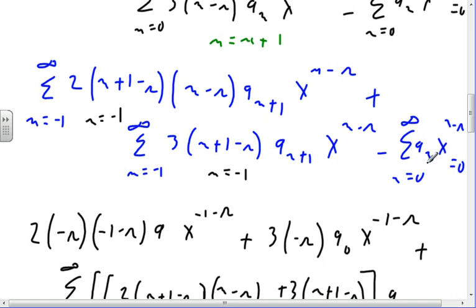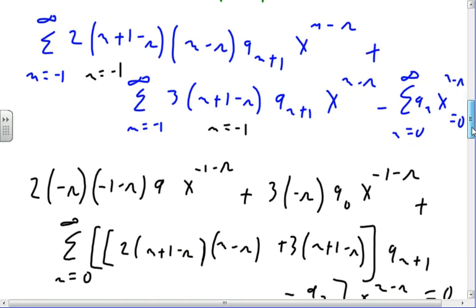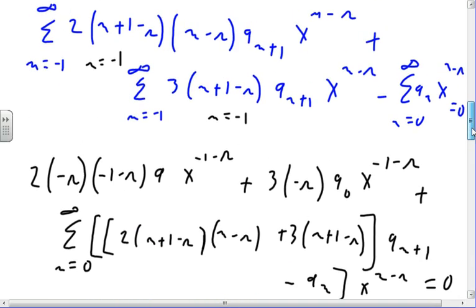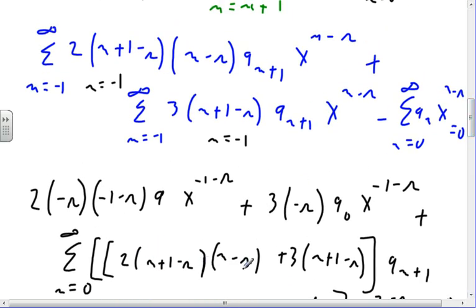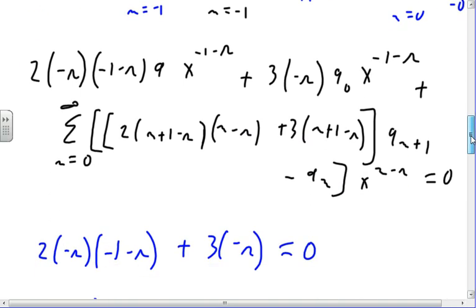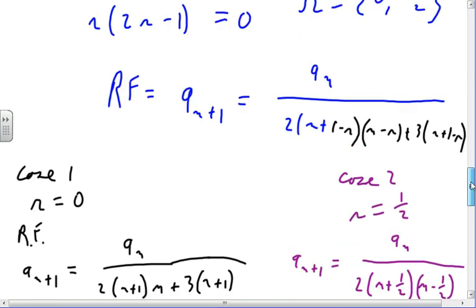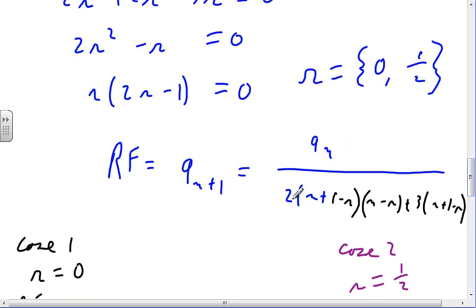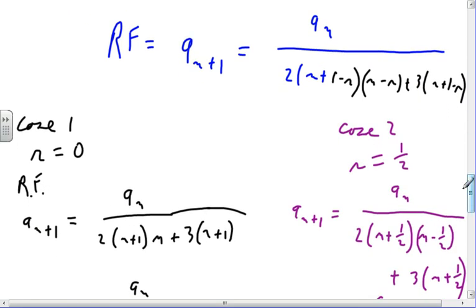This is going to go on the other side. It's going to be a_n. Okay, that's fine. I've got 2 those guys, I got 3 this guys, a_n plus 1. And when I write down the recurring formula, a_n, 2 this guy, 3 of that guy. And when I say r is equal to 0, 2 times that, n plus 3 times that.